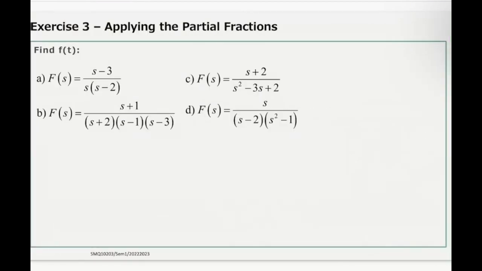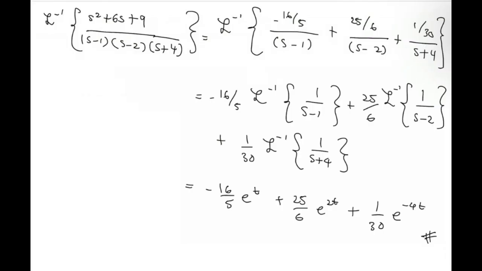And let's try exercise number 3. Question number 1. So exercise number 3.